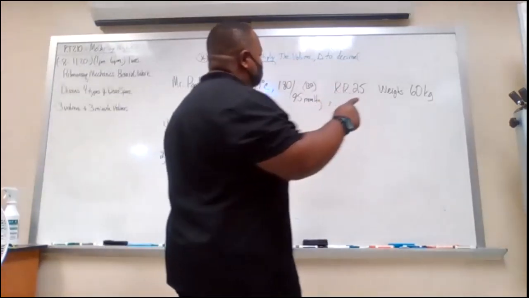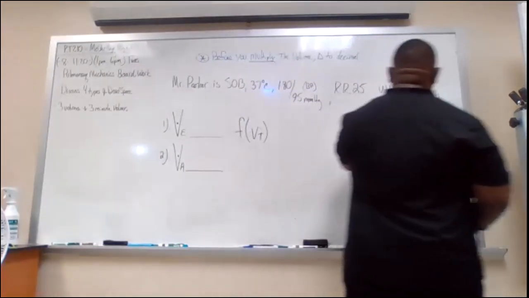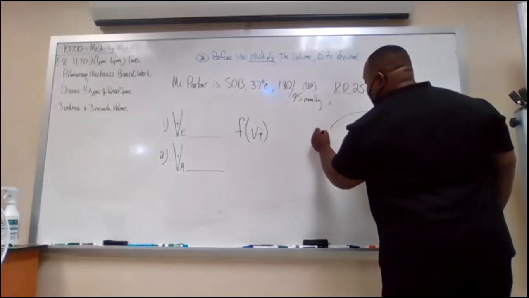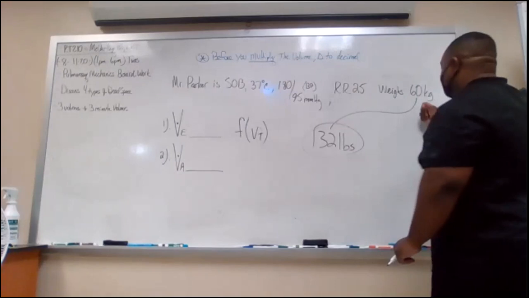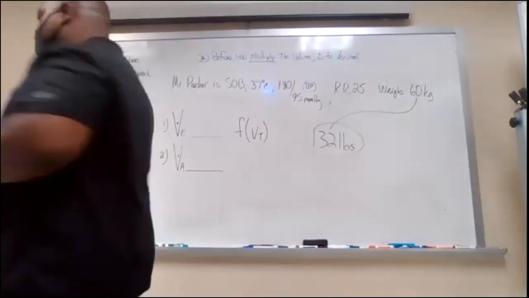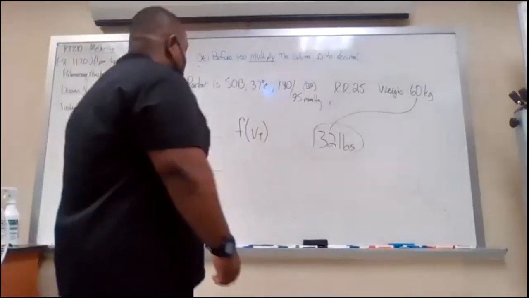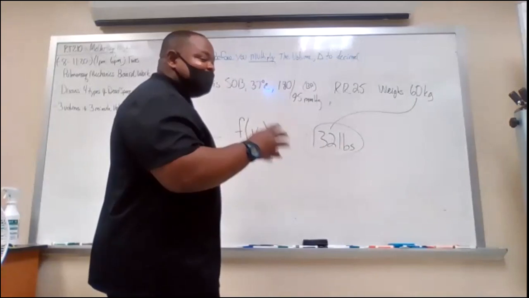So first thing I've got to do is convert 60 kilograms to pounds. 60 kilograms is 132 pounds, right? Now we can work. So tidal volume is 3 cc's per pound.